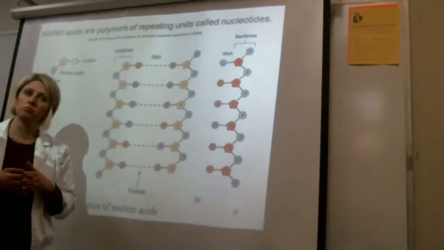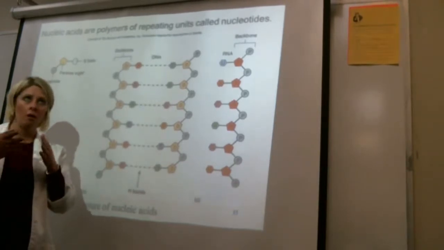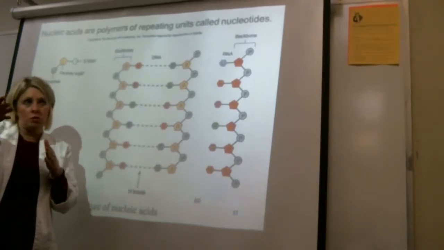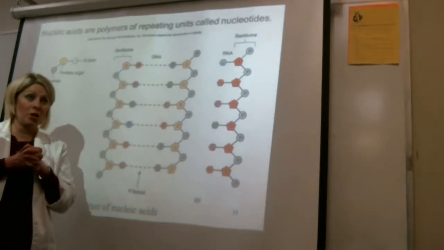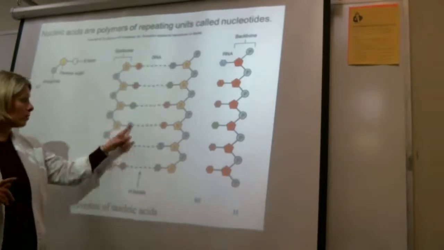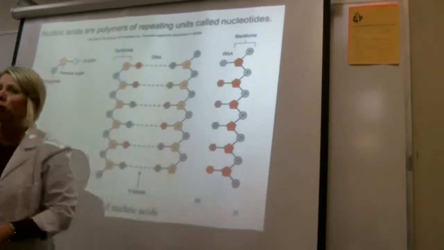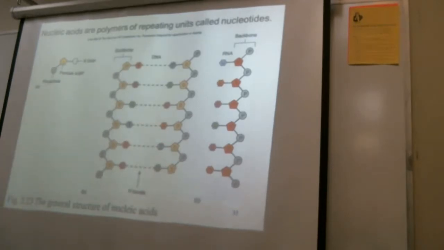So you would just do that U instead. But remember, and that's why I always like to do this, if there's a T in DNA and you're making RNA, there will always be plenty of A's in RNA.